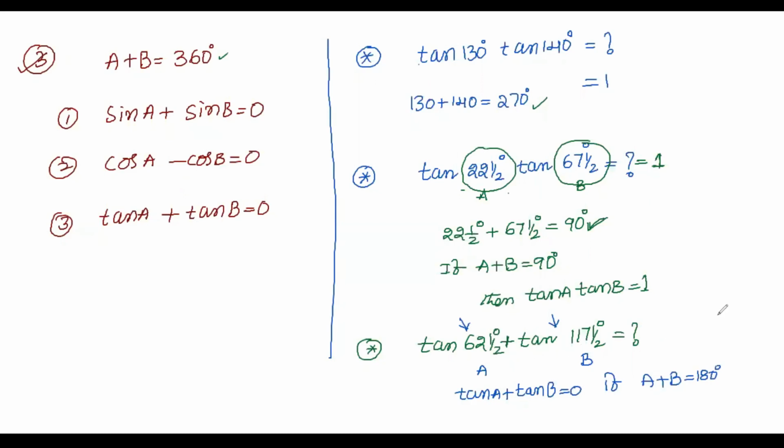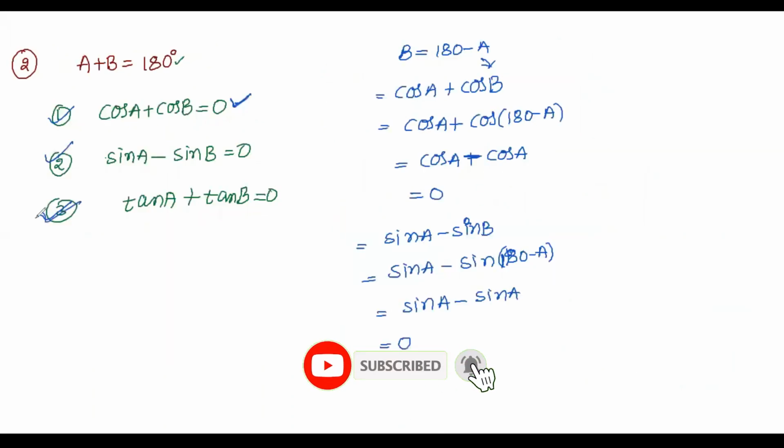Is the sum of these two 180 degrees or not, 117.5 degrees and 62.5 degrees? Half and half, here it is 1. So the sum of the two angles is 180. Then tan A plus tan B is how much, guys? 0. So you should write the answer as 0.